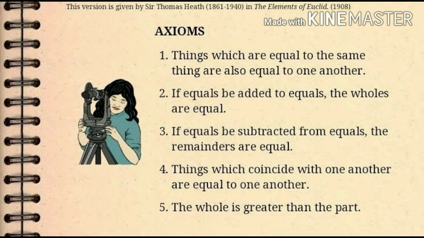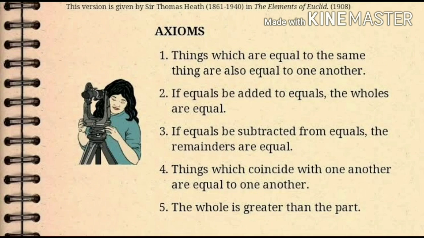The first axiom states that things which are equal to the same thing are equal to one another. The second axiom states that when equals are added to equals, the wholes are equal. The third statement of axiom is if equals are subtracted from equals, the remainders obtained will be equal.